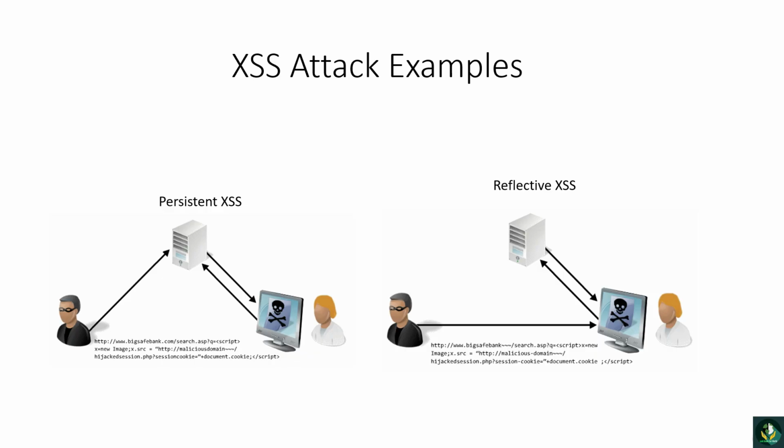Persistent XSS, also known as stored XSS. This type of vulnerability occurs when untrusted or unverified user input is stored on a target server. Common targets for persistent XSS include message forms, comment fields or visitor logs, or any feature where other users, either authenticated or non-authenticated, will view the attacker's malicious content.